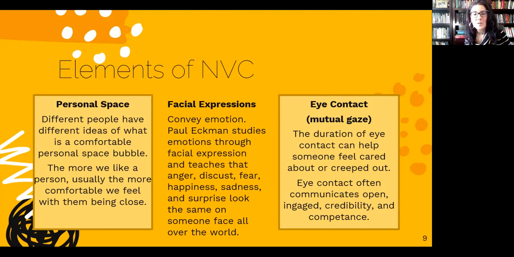It also can communicate confidence or self-esteem. I believe that I am of value, so I am willing to look you in the eye because I know that I'm worthy of your attention, and you are also worthy of my attention.